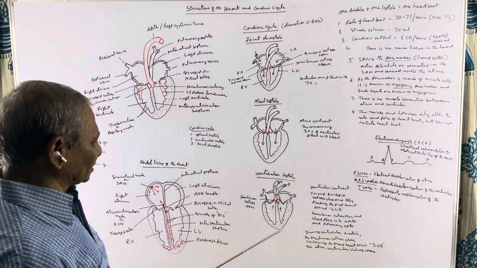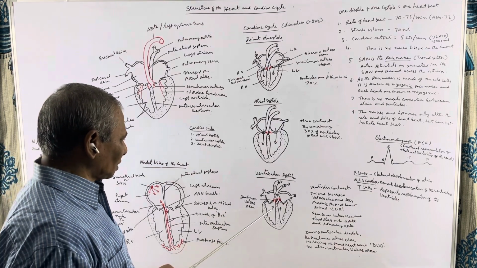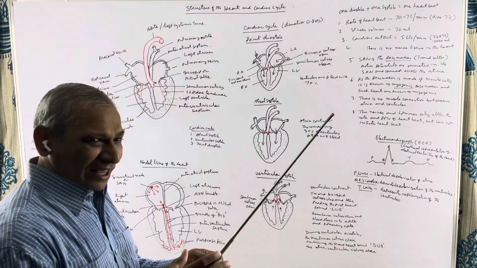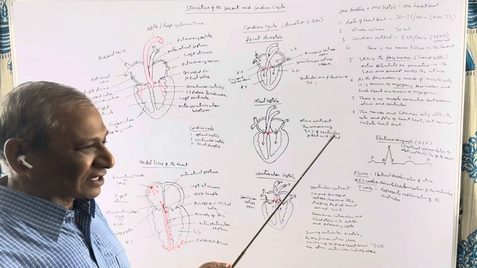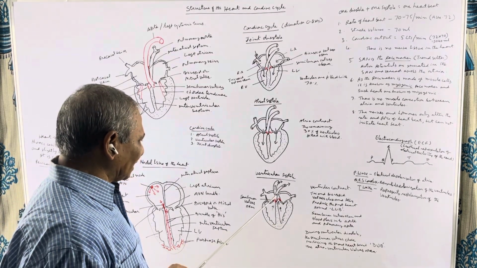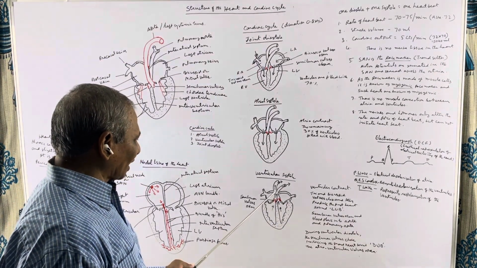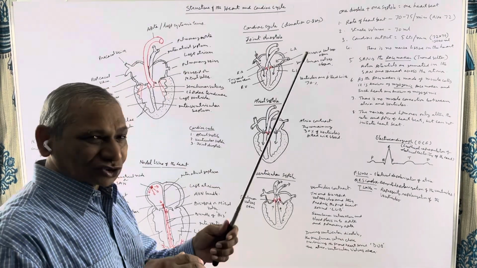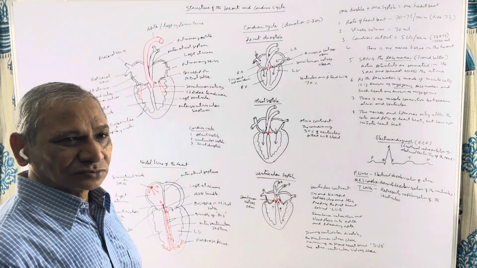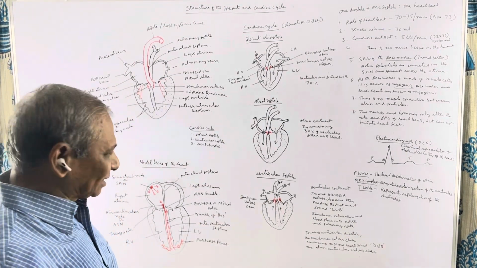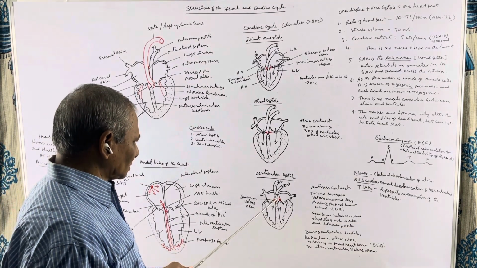Then, joint diastole begins. Now, the ventricles relax. As the ventricles relax, what happens? The blood present in the pulmonary aorta and aortic trunk tries to come back into the ventricles. And because of this, what happens?